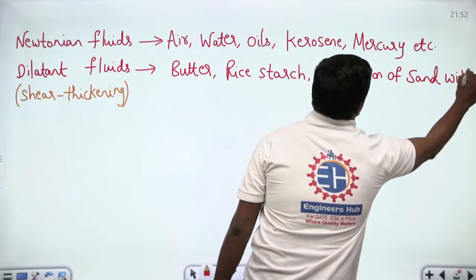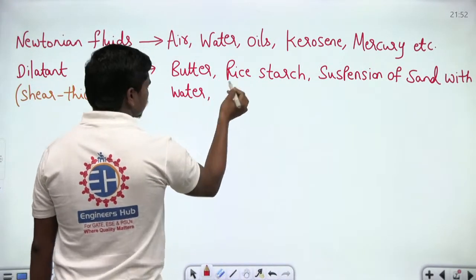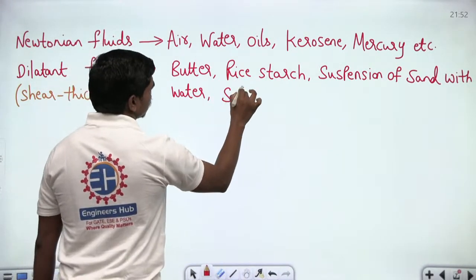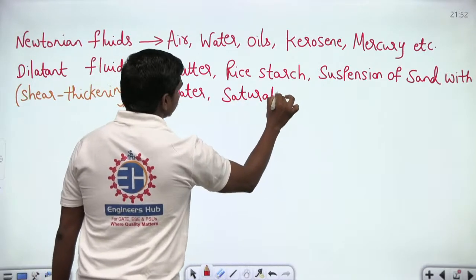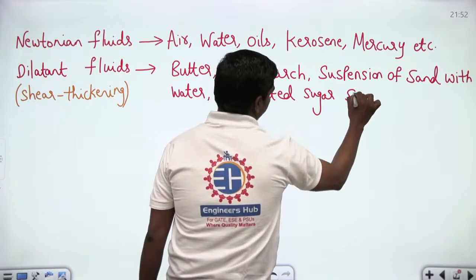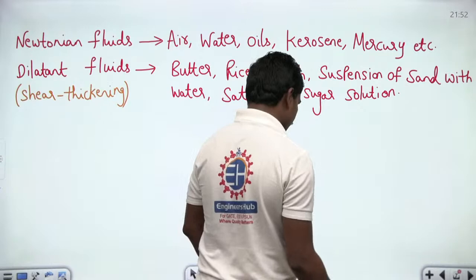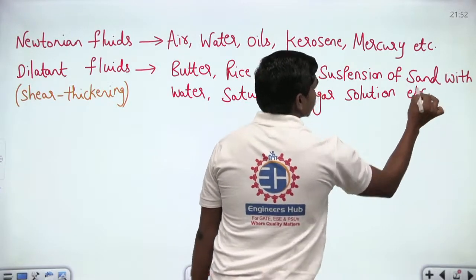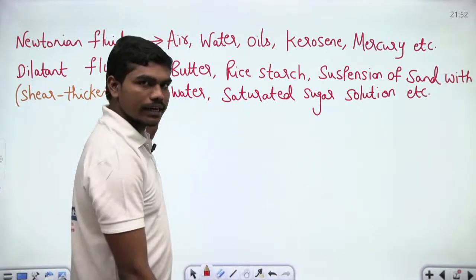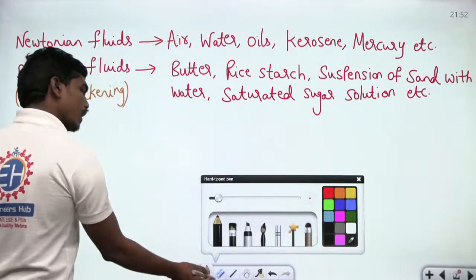And some other organic solution like a saturated sugar solution. You can take these into the list, etc. These fluids could be more than enough. These are the fluids in general whose apparent viscosity keeps on increasing if you try to increase the shear strain rate. Similarly glue and all, of course.